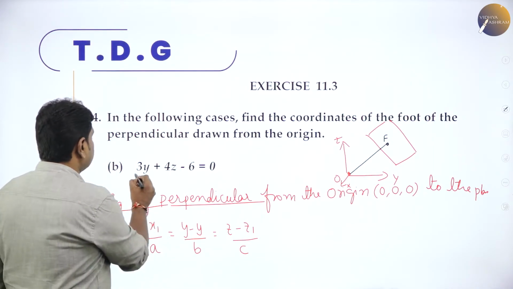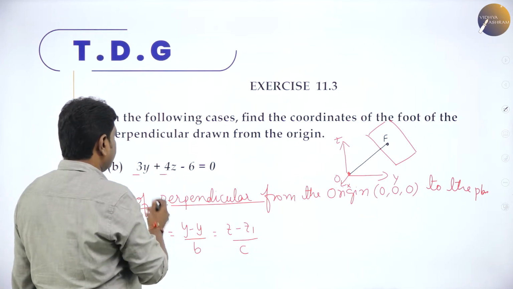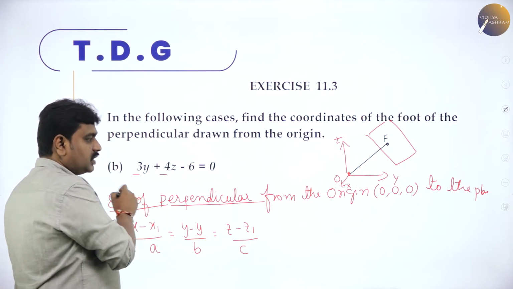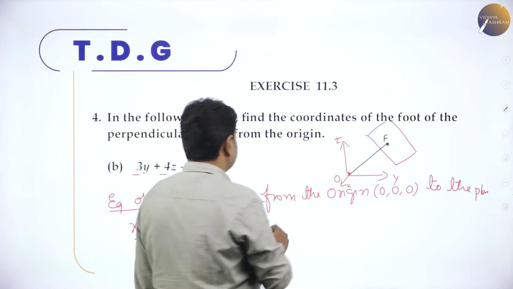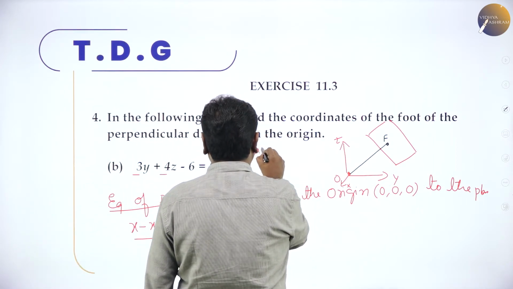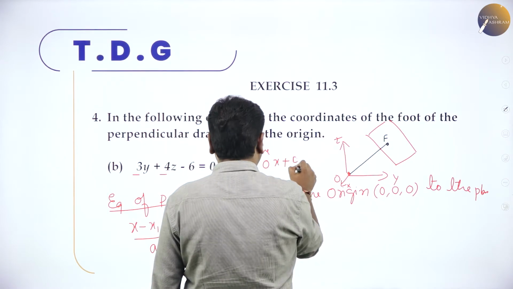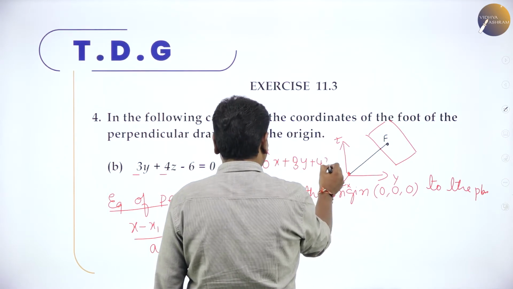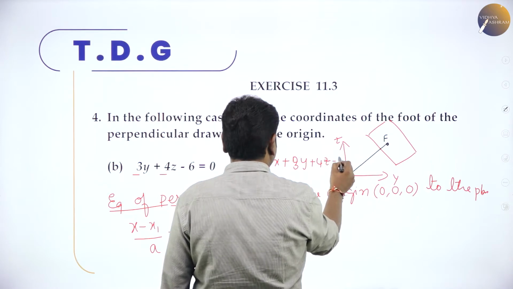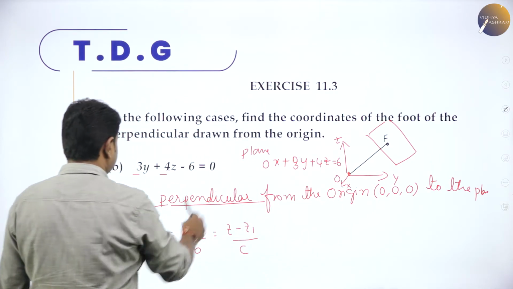Now see, we don't have an x value here. In the plane, x is not there. So I'll write the given plane as 0x plus 3y plus 4z equal to 6. Now in this, a is 0.